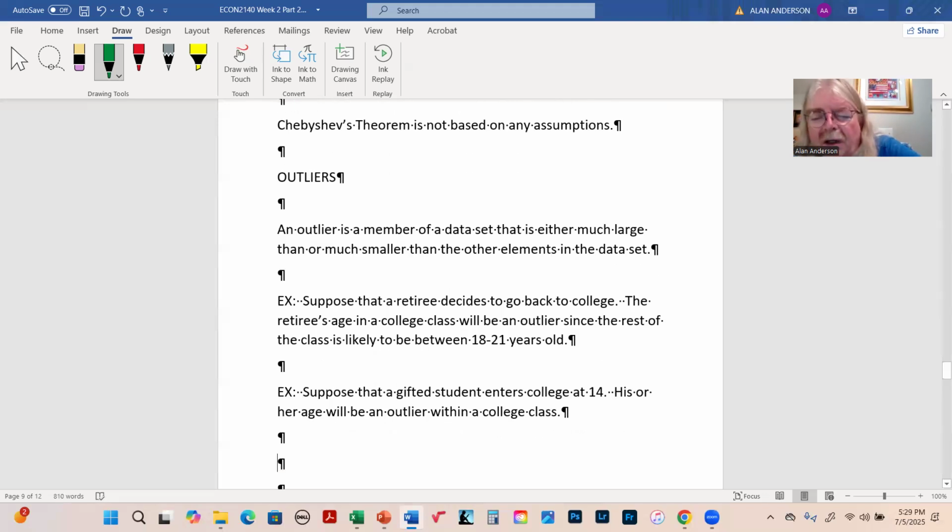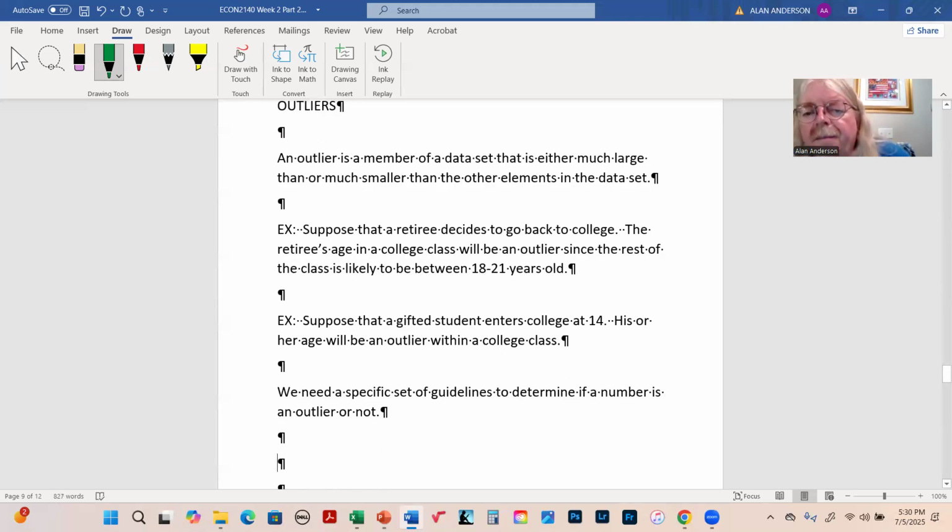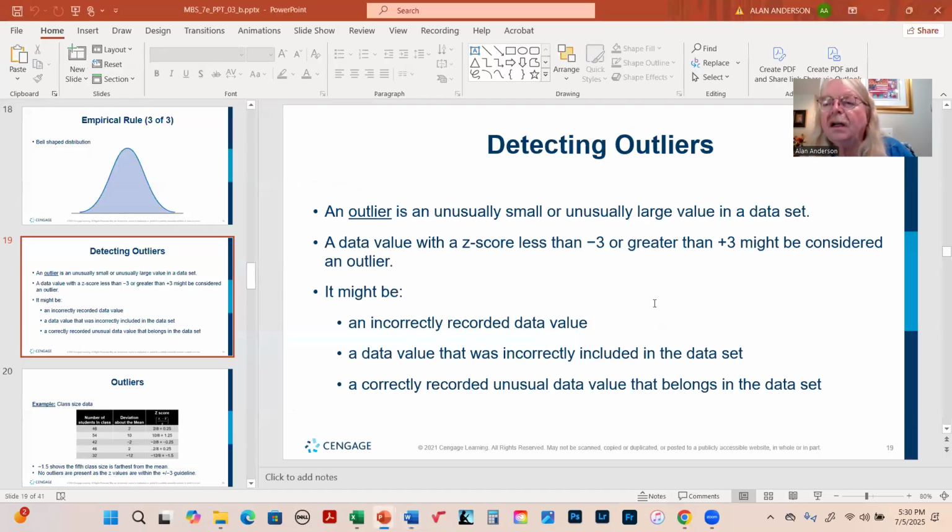Now, here's the big question with outliers. It's hard to be sure when something is and is not an outlier. We need a specific set of guidelines to determine if a number is an outlier or not. Sometimes it's obvious and sometimes it's not. Sometimes you don't want to have to rely on judgment. So there's a rule that will let us figure out whether or not an observation is an outlier.